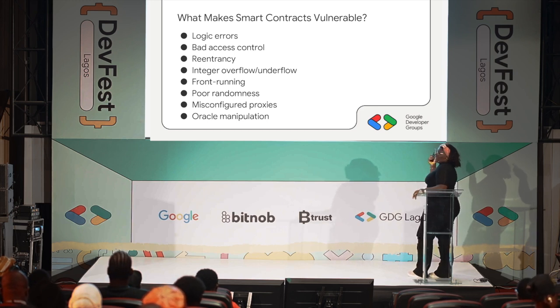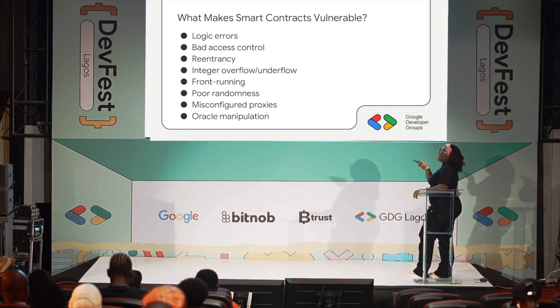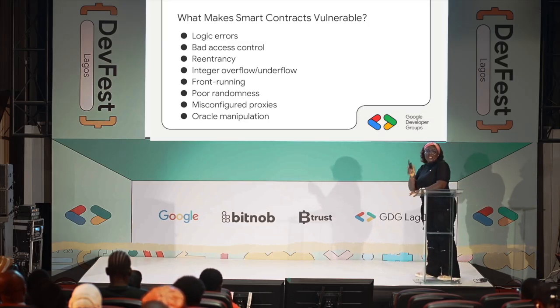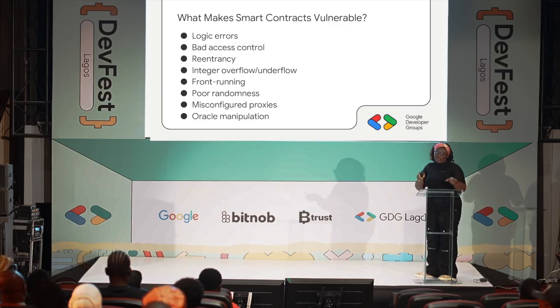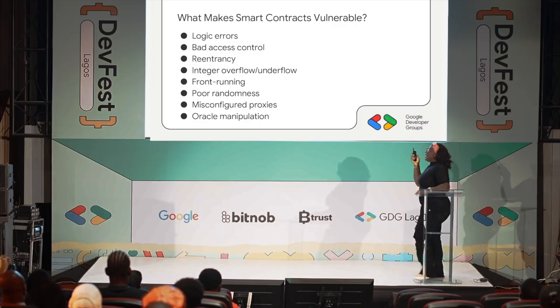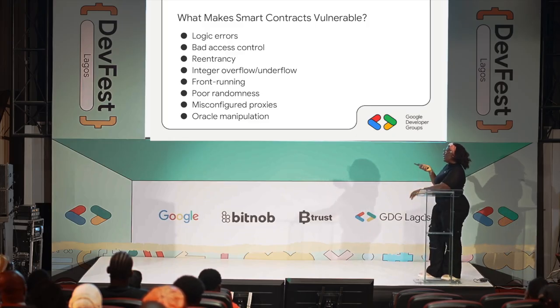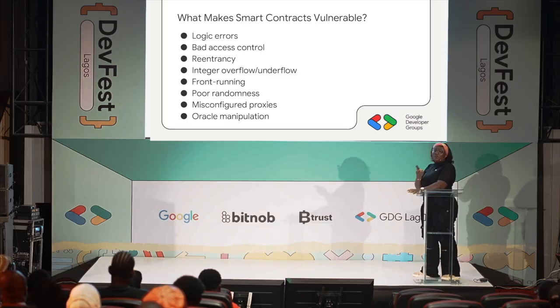So we have bad access control, reentrancy, integer overflow and underflow. If you make a mistake on any of these points in your smart contracts, your wallet or your protocol is going to pay for it, might pay for it daily. We have front running, poor randomness, misconfigured proxies, and oracle manipulation.